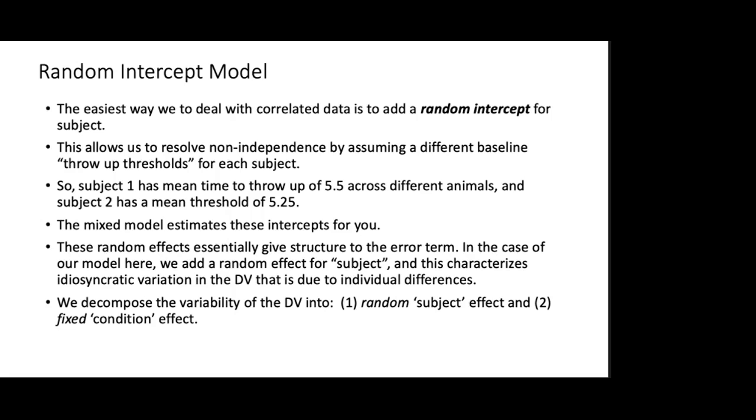What we are doing is decomposing the variability in our dependent variable into a random subject effect and a fixed condition effect. We're taking this random between-subjects variability out of the variability of our dependent variable, and separately estimating a fixed condition effect.